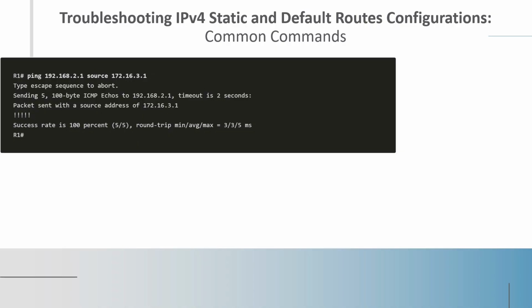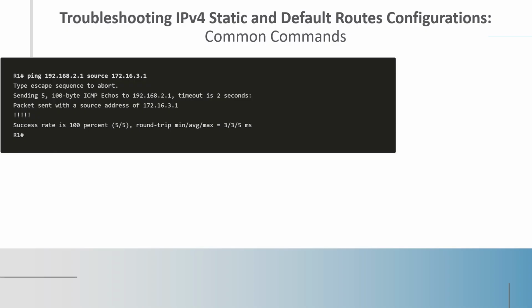The command ping displays the result of an extended ping from the source, in this case an interface of router 1 to the LAN interface of router 3. An extended ping is an enhanced version of the ping utility. Extended ping enables you to specify the source address for the ping packets.